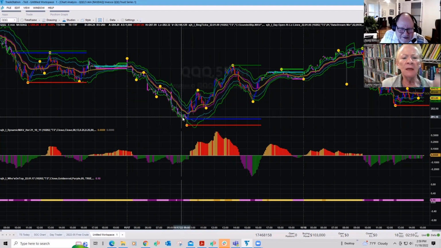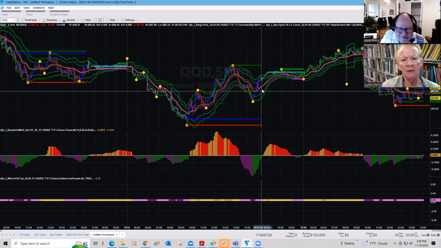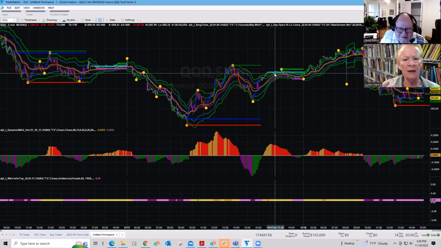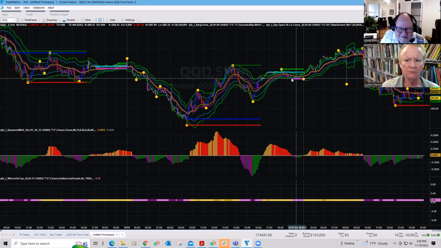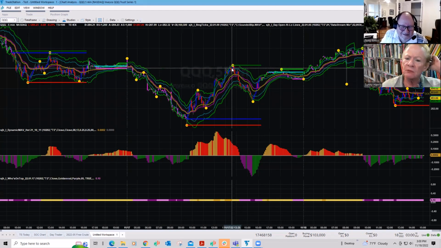I like to make my charts easy to read. I use a lot of colors to make things pop into my brain without me having to think about them. So the blue and red is a day session. And that means a lot, because if you thought that this big move down was in the day session, and then the session turns around and goes up, that would be the wrong assessment, wouldn't it?